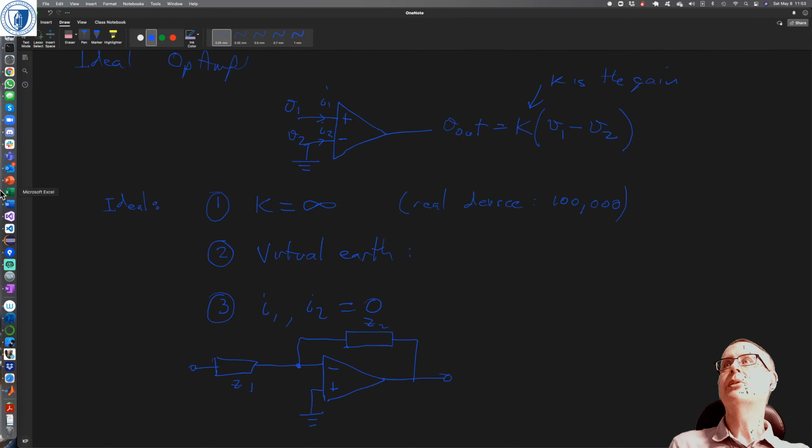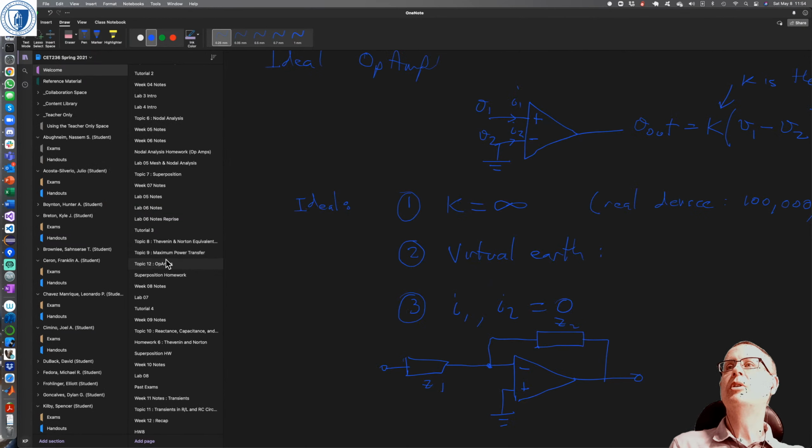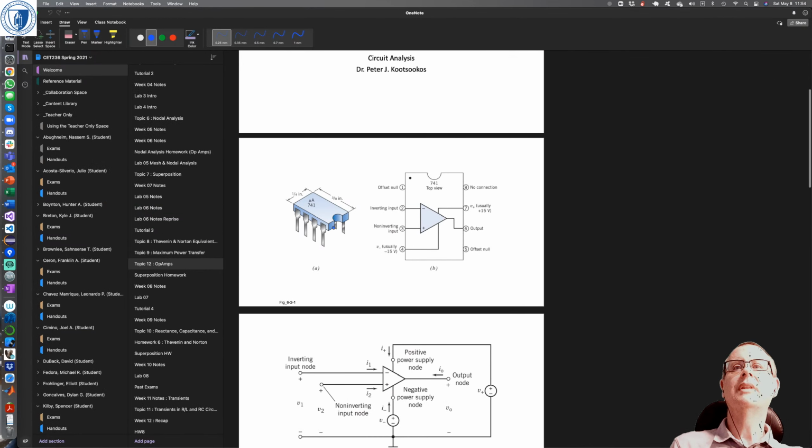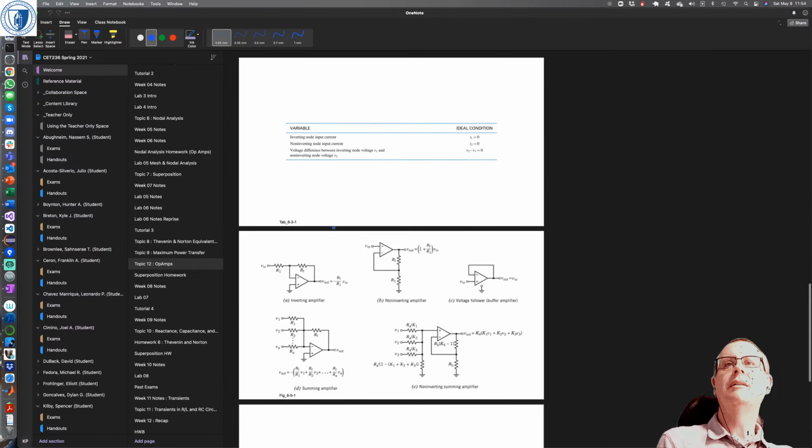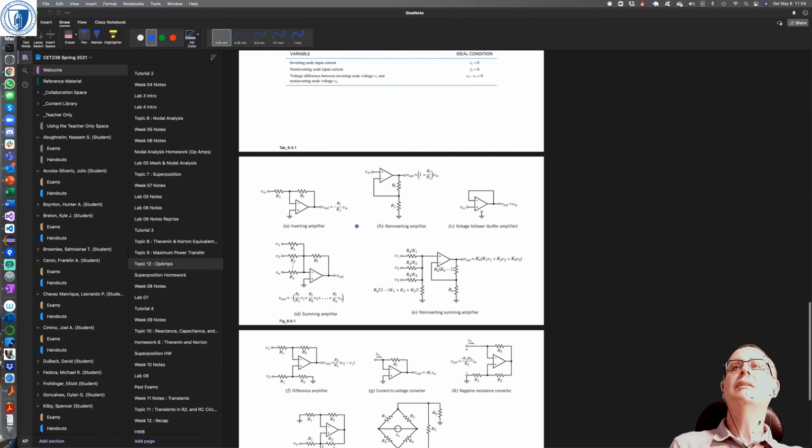Let's just quickly hop over here. Right, so here's the inverting amplifier.